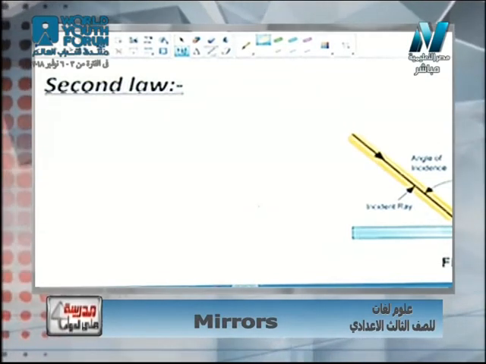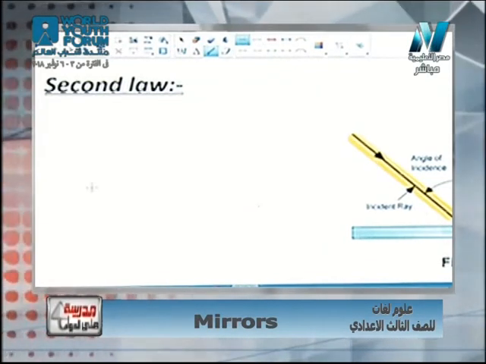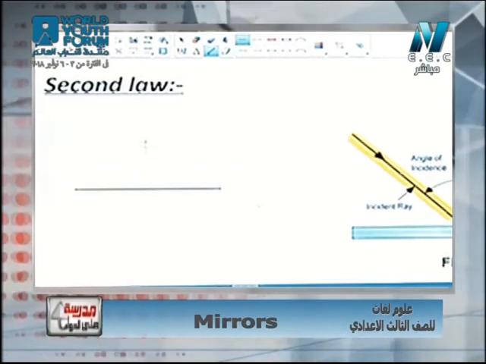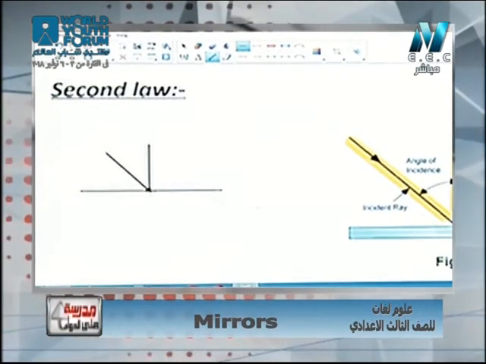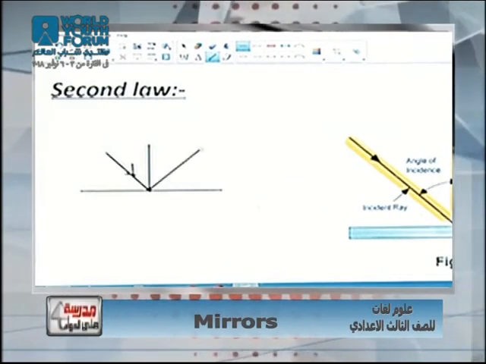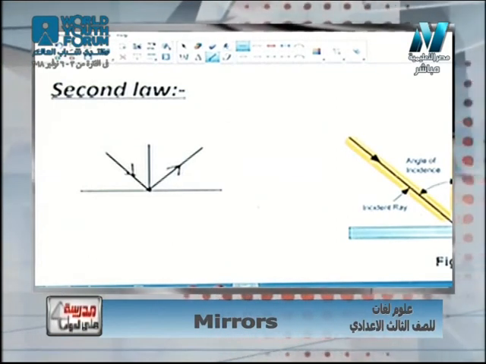So incident ray, reflected ray, and normal line.